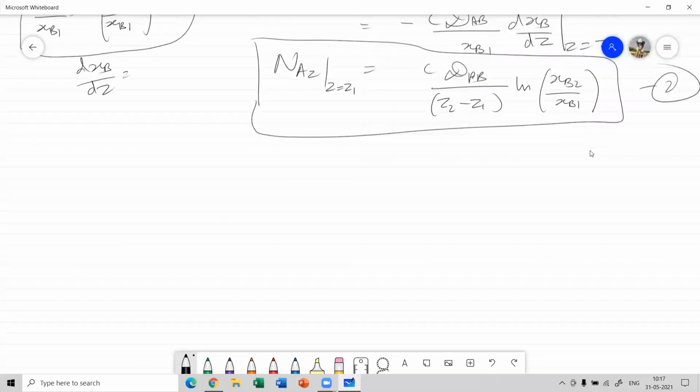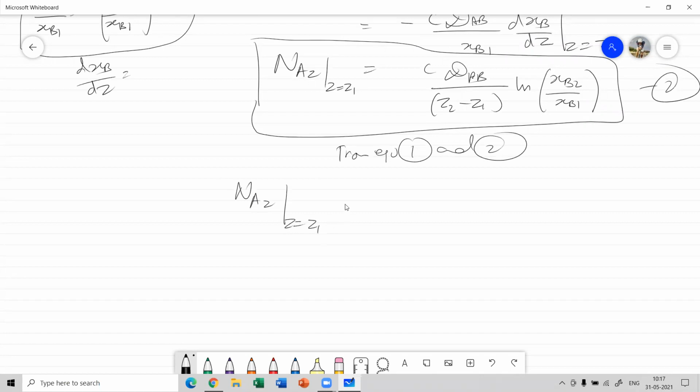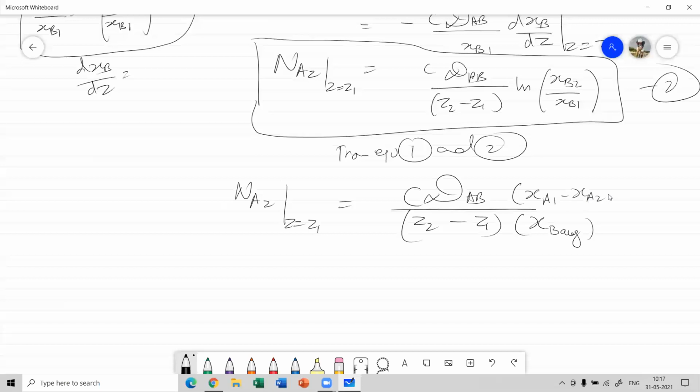So from equation 1 and equation 2, we have NAz at z equal to z1 as C DAB over z2 minus z1 into xb average over xA1 minus xA2.